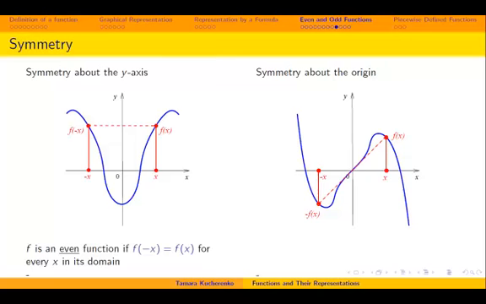Therefore, we have f of negative x equals negative f of x. Functions with this property are called odd.